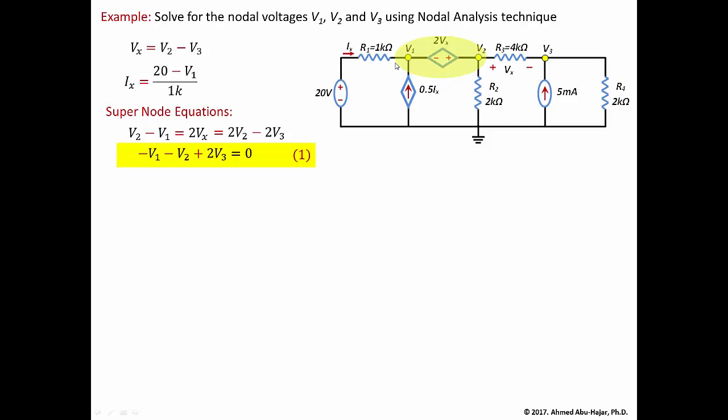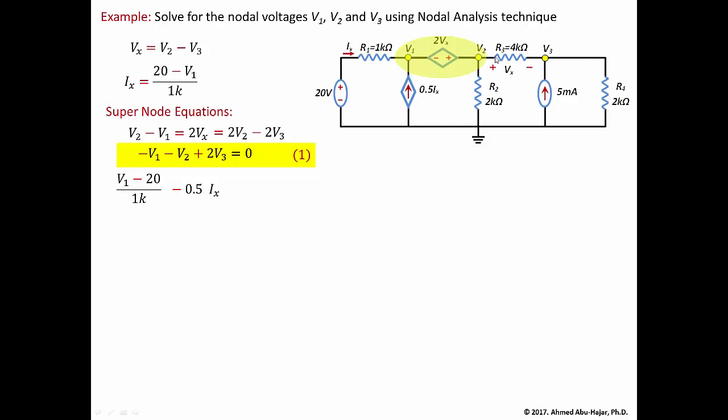So I'm going to start at this branch. I'm going to say V1 minus 20 over 1K. Then the current leaving this branch: we know that the current going in is 0.5 Ix, so the current leaving is minus 0.5 times Ix.